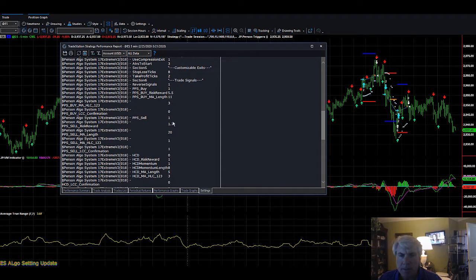Next, PPS sell. Yep, but the sells only have a 1.75 risk-reward ratio. It will only take a short if it's below a 20 period. Now, this is weird because I always like, if it's going to be a trade strategy, something that makes logical sense to me. So it's generating a sell signal only if it breaks below a 20-period moving average of the high.